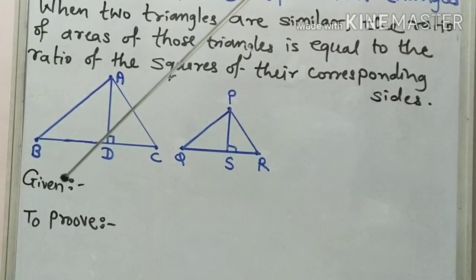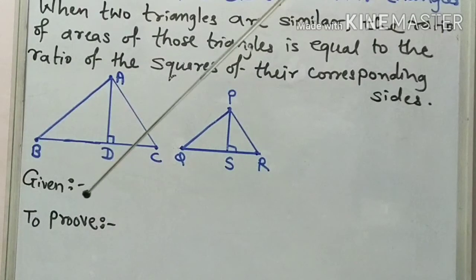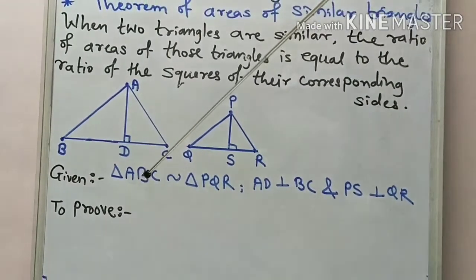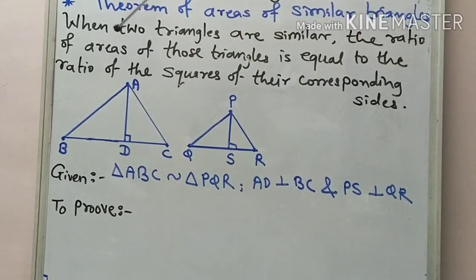Okay, so we write the given part. According to the figure, the given part is that the two triangles are similar, and AD is drawn perpendicular on BC, and PS is perpendicular to QR. Now what do you have to prove? According to the statement, when two triangles are similar, the ratio of areas of those triangles is equal to the ratio of squares of their corresponding sides.